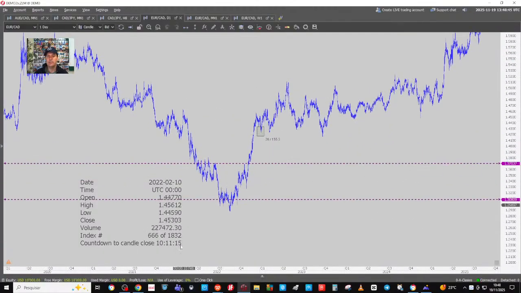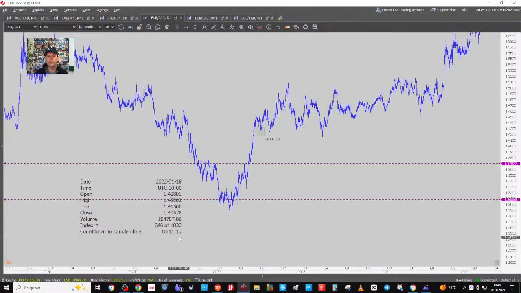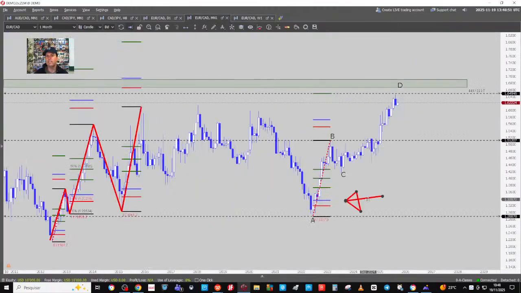Does this question make sense, everybody? So the market broke the monthly, down, down, down. So Marcus is asking, can I start the Fibonacci from here on the daily? The answer is no.